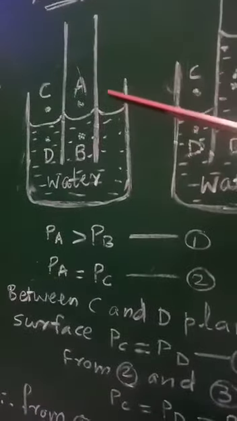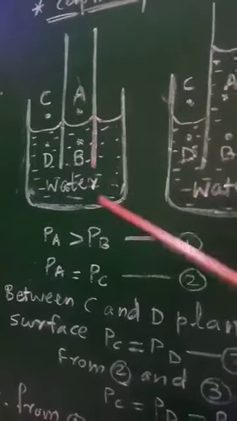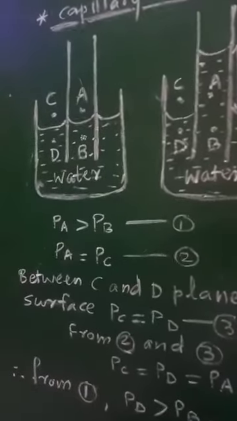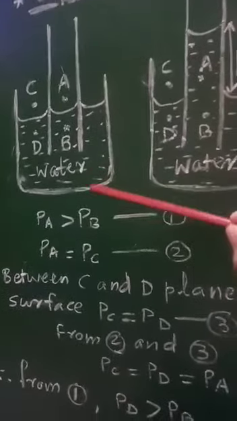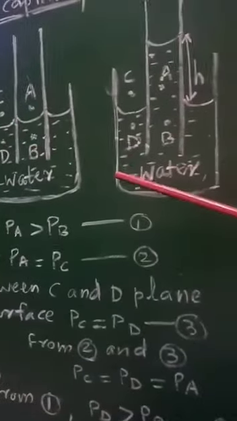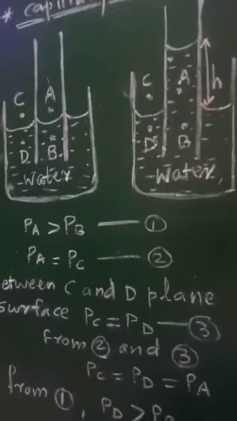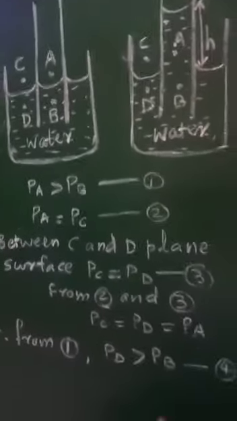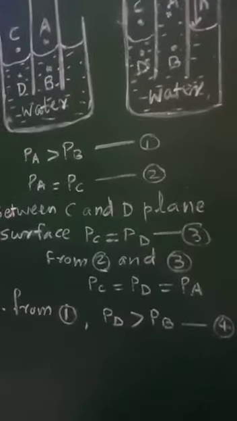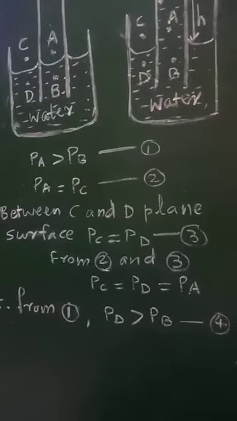As points A and C are outside the liquid and at the same level, therefore PA equal to PC, equation number 2. Now between these 2 points C and D, the surface of the liquid is plane surface, that is outside the capillary, and therefore we can write PC equal to PD, that is pressure at point C must be equal to pressure at point D, equation number 3.